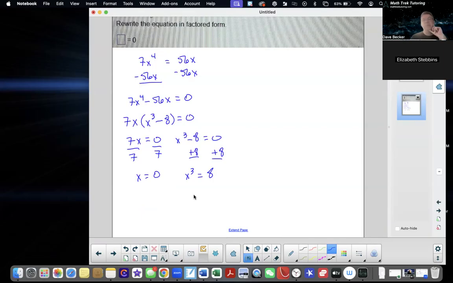So to undo something squared, we took the square root of both sides, right? I'm sorry, did you hear that? Yes. Okay. To undo something cubed, we're going to take the cube root of both sides.